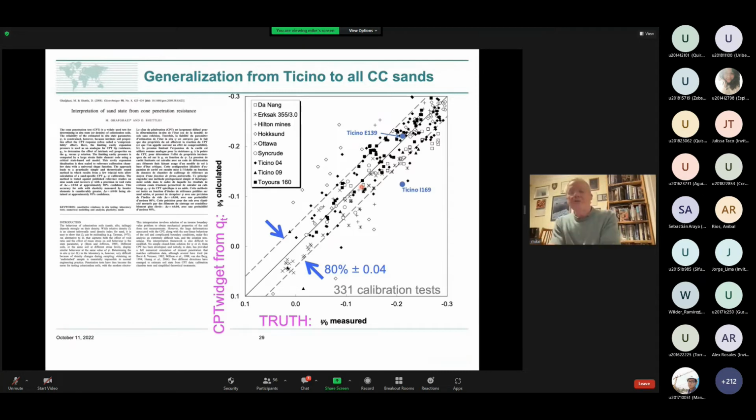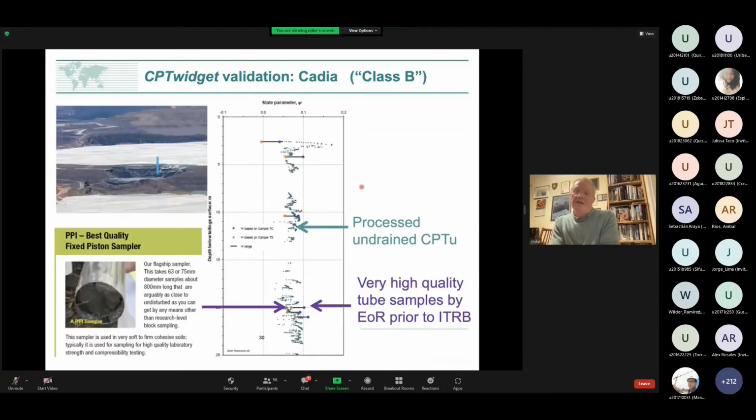It's interesting to say, because these calibration chambers have their own troubles and things like boundary corrections, and we had an opportunity in a recent dam failure to check our calibration procedures in the field. What you're looking at in the photo on the left is Cadia.